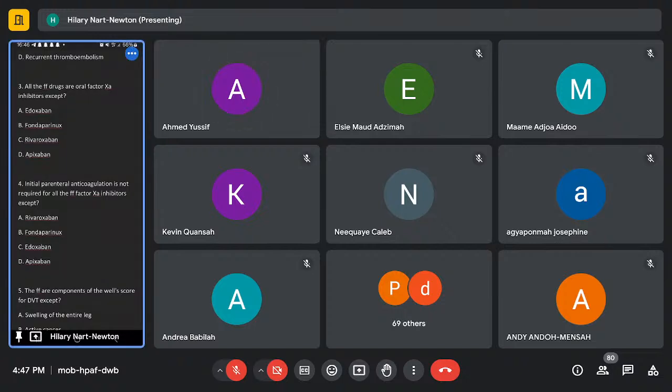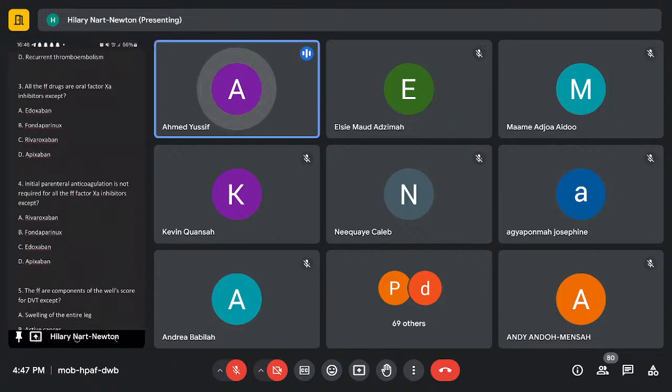Number 4, initial parenteral anticoagulation is not required for all the following factor 10A inhibitors except A. Rivaroxaban, B. Fondaparinux, C. Edoxaban, D. Apixaban. Okay, so what are we going for?